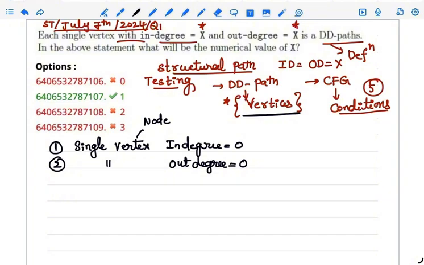And the third condition: a single vertex or node with in degree, id means in degree, friends, greater than or equal to 2, or, you can remember, any one condition only, or out degree greater than or equal to 2.